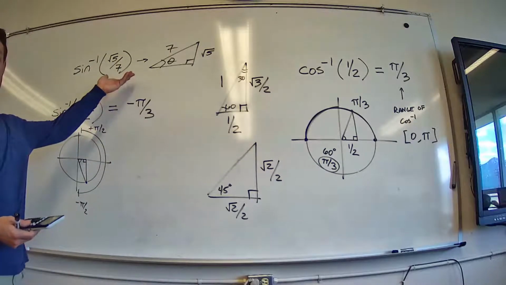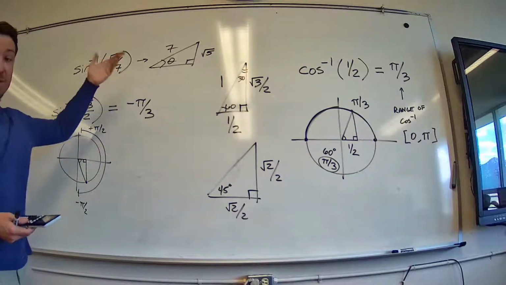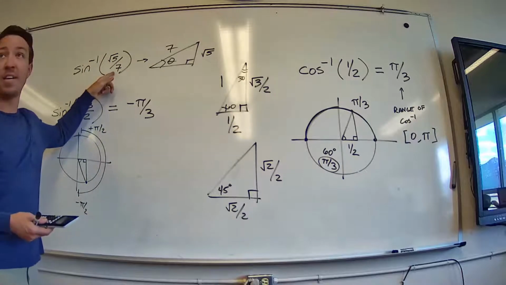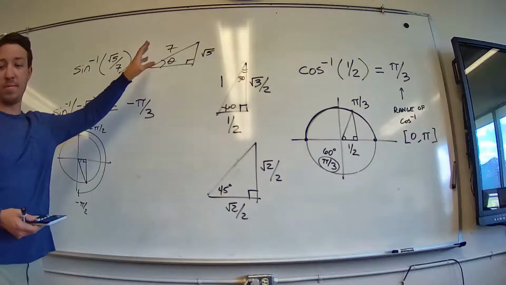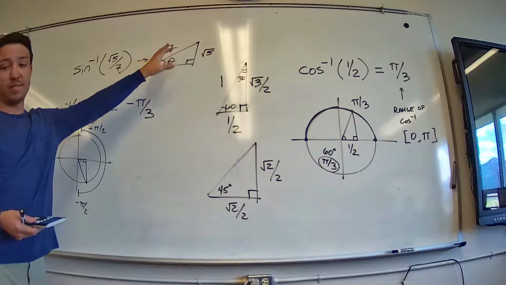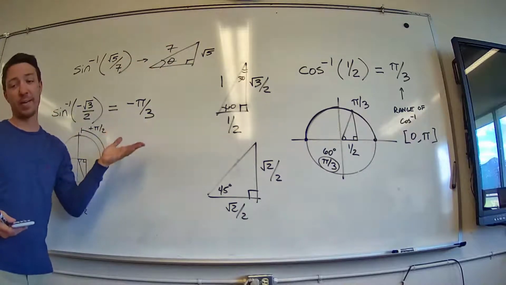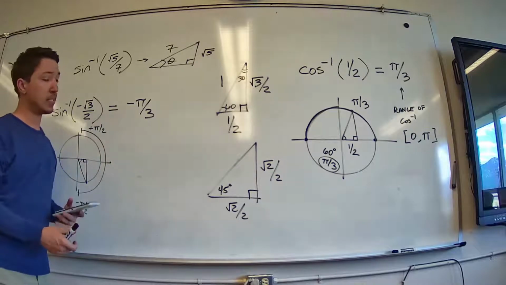Does that make sense? The vast majority of numbers that I could plug in there are going to have totally weird answers that can't be written as nice fractions of pi. Okay?